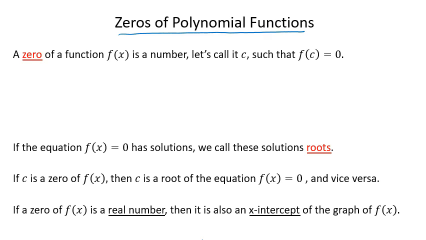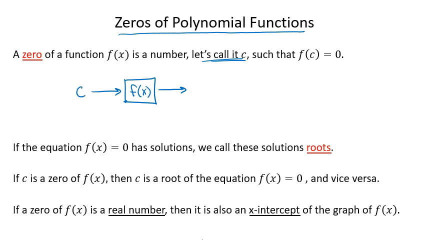So a zero of a function is a number, let's call it c, such that f of c is equal to 0. If you think about a function as an input-output machine, a number goes in, a number comes out.